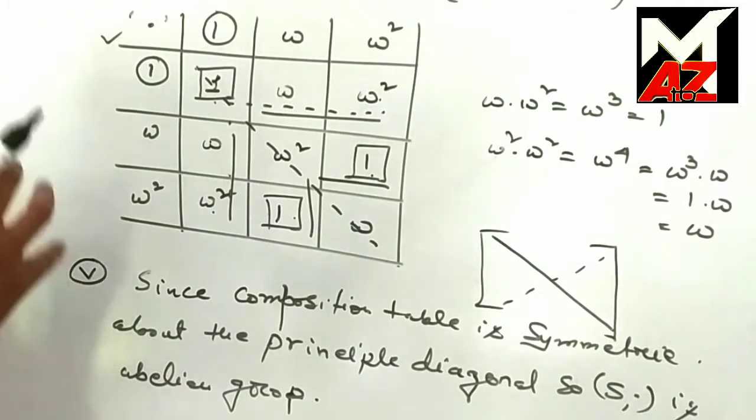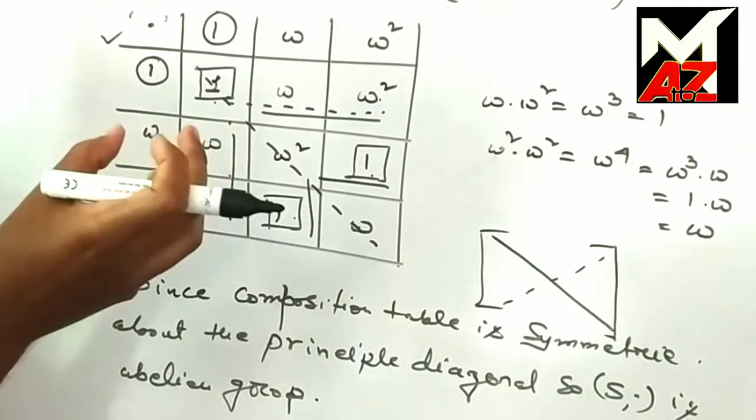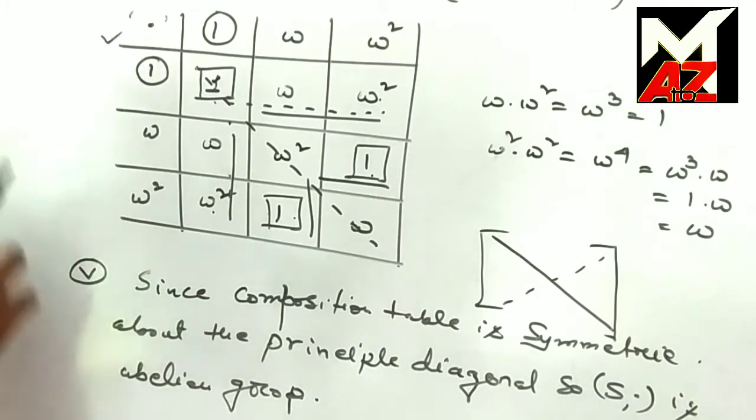So from the composition table it is clearly seen that it is a group, and also a commutative group. Now we consider another example.